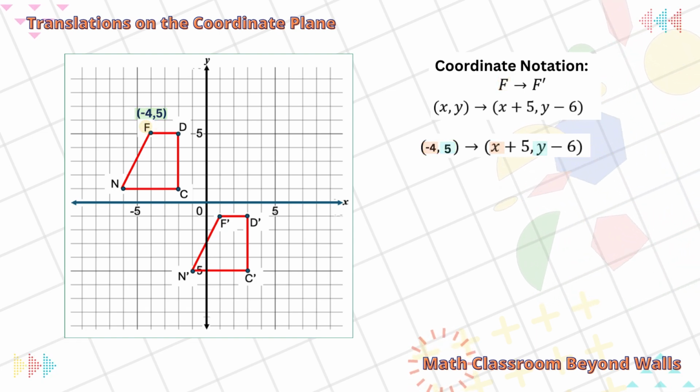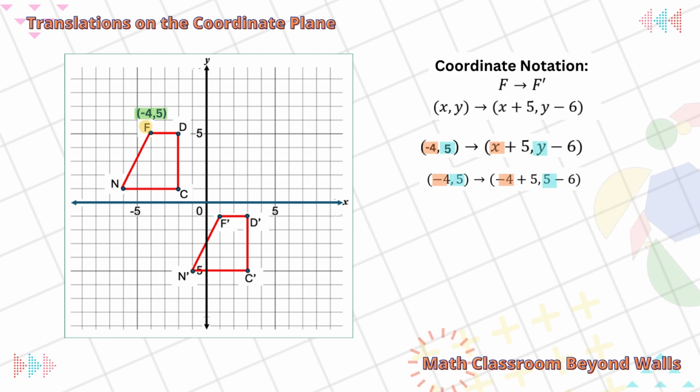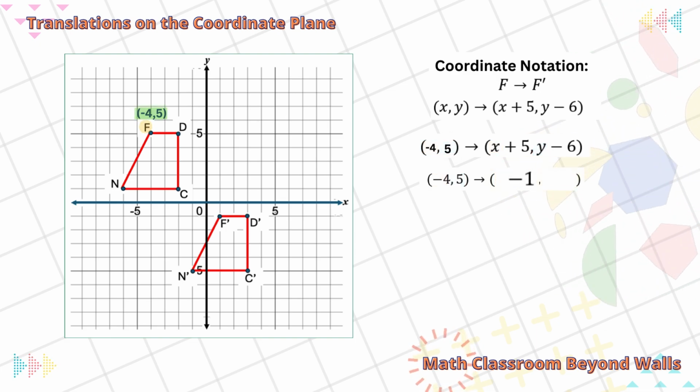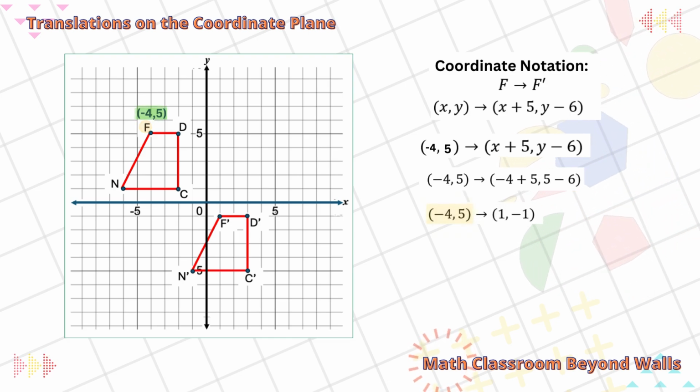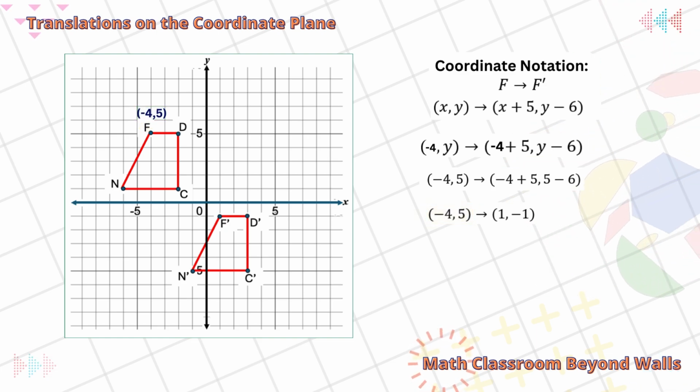We now replace the x and y coordinates on our translation rule. Simplifying the numbers on the image side gives us, thus, F, a point on the preimage with coordinates -4, 5, is mapped to F prime, a point on the image with coordinates 1, -1.